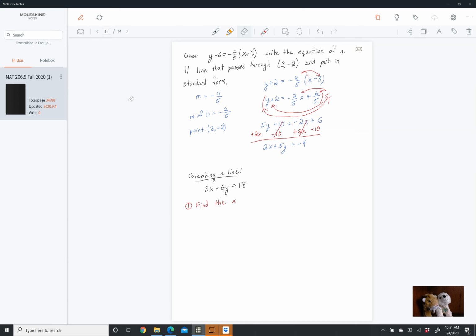So let's say that we start by finding the x-intercept. Remember, the x-intercept is where it intersects the x-axis, okay? At the x-axis, our y is equal to 0, okay? So when we do this, what this means is we're going to plug in 0 for y.